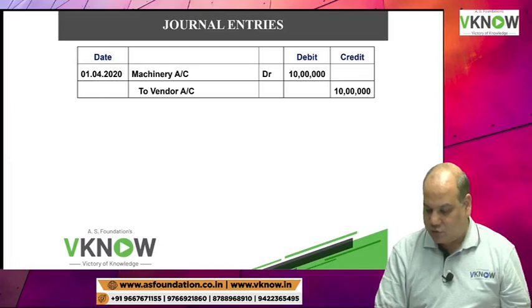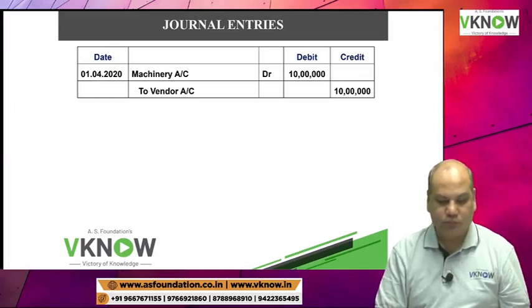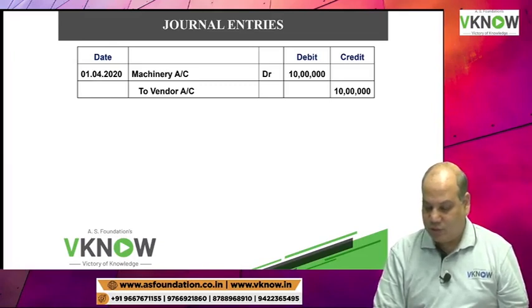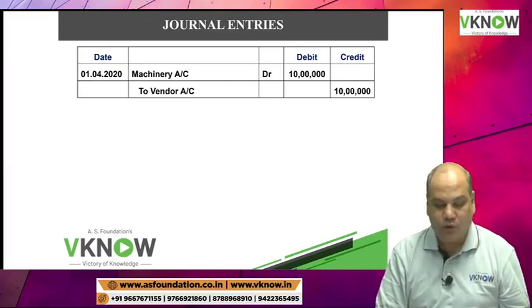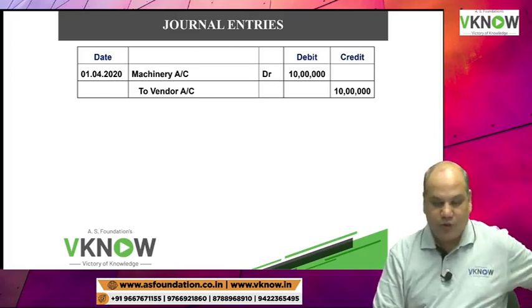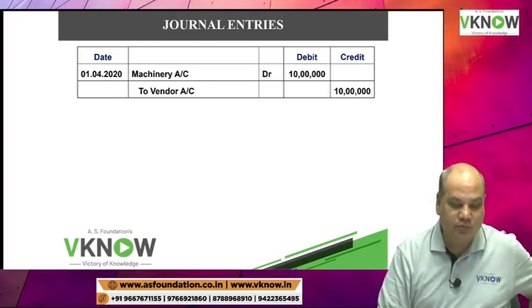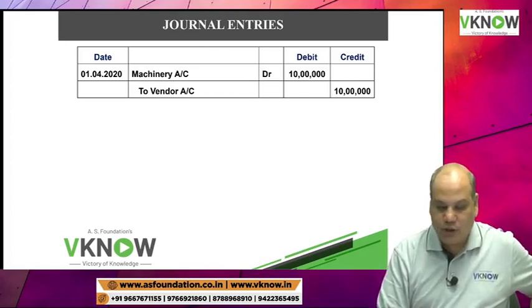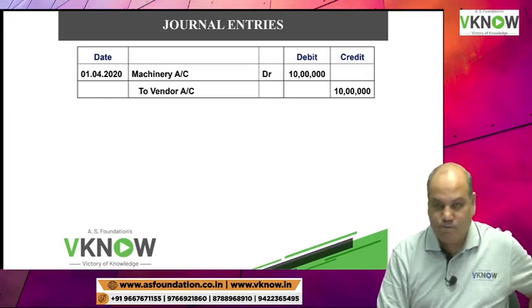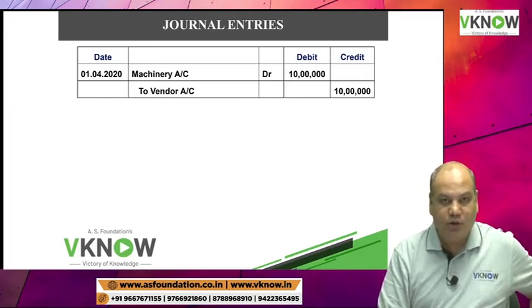So please write down journal entries. Date, particulars, debit, credit. Draw one full page format. Narration will be homework. Date 1st April 2020.